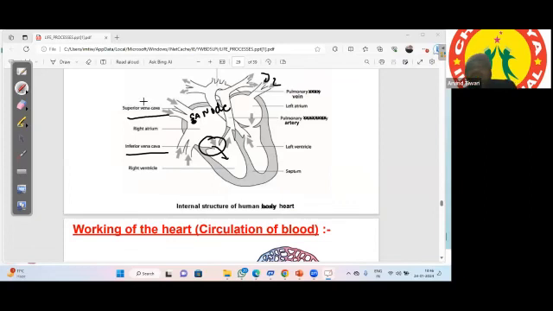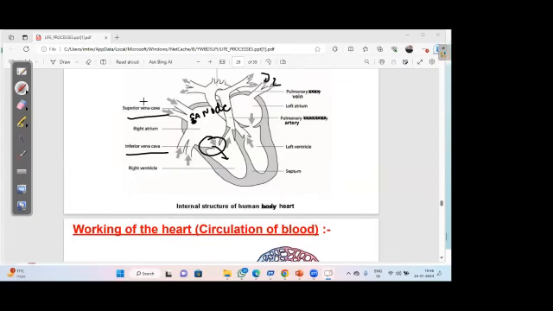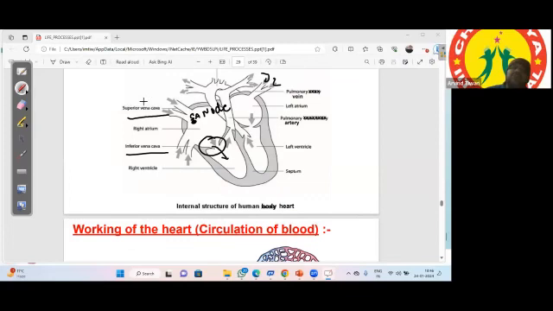Okay. Now, can you name the artery which supplies blood to the heart vessels? The artery which supplies blood to the heart vessels. Pulmonary artery. No, it's not pulmonary, it's the coronary artery.